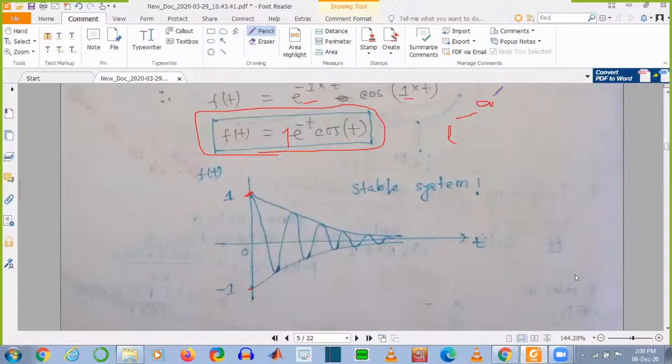So what will f(t) equal here? 0, sir. Yeah, so it will decay with time. As time goes up, it will go down, it will decay.